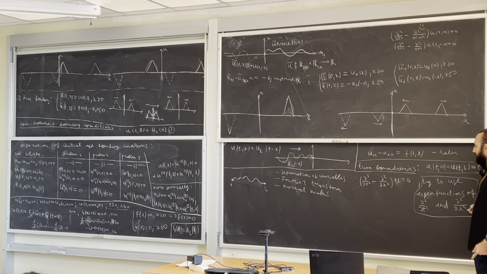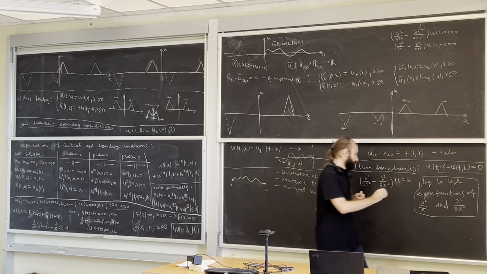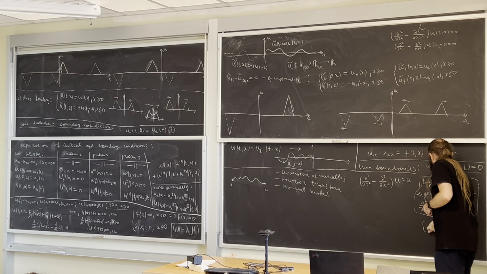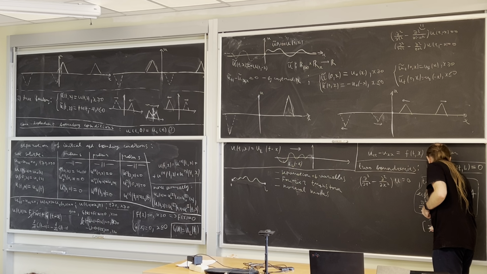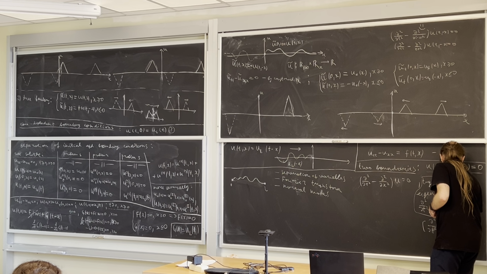We can have a basis of functions which are eigenfunctions to both of them. So this remark is that d over dt squared commutes with d over dx squared.